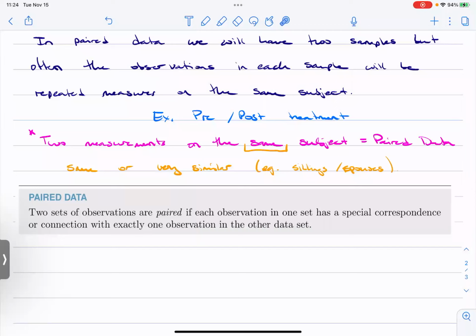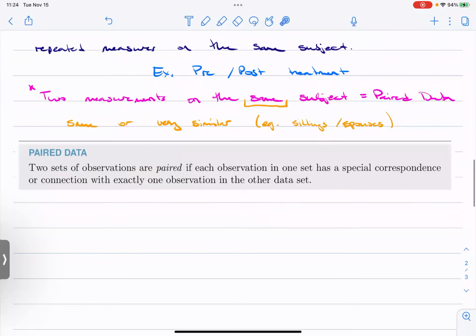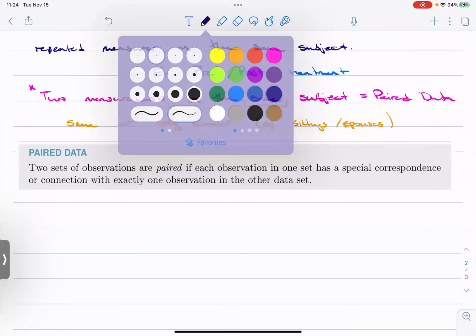We are going to have two samples, and they're either paired or independent samples, and how we analyze them is going to be different. So we have to be able to identify that I've got two samples. So far, we only have paired data. On Thursday, we're going to have two independent samples that we need to analyze. So we need to be able to figure out what type of question we have.